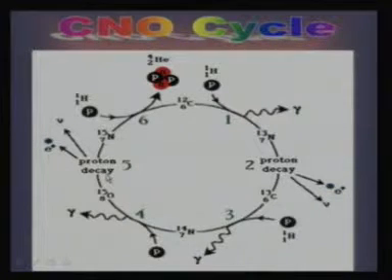Carbon going into nitrogen, nitrogen going into carbon-13, then going to nitrogen-14, then going to oxygen-15 and going to nitrogen-15 and ultimately coming back to carbon and formation of one helium nucleus. So 4 protons have again combined to form one helium nucleus. Carbon is there only to assist the nuclear reactions.